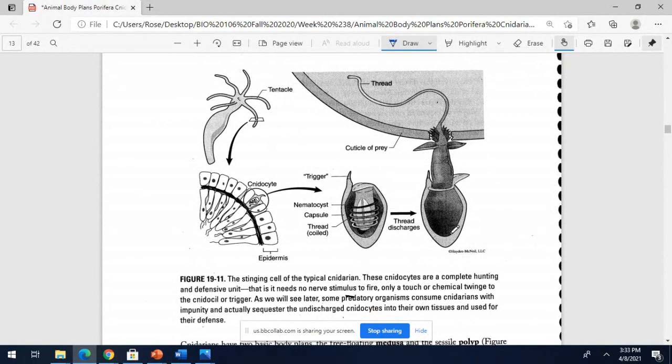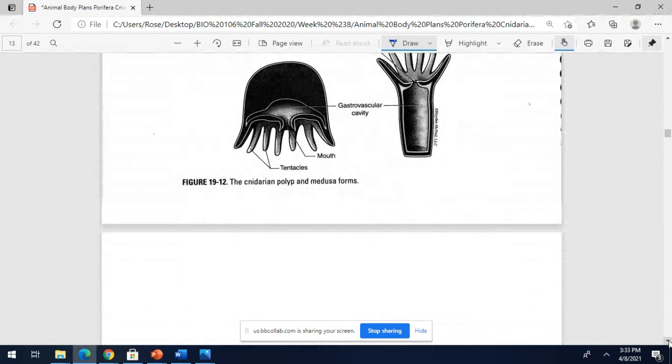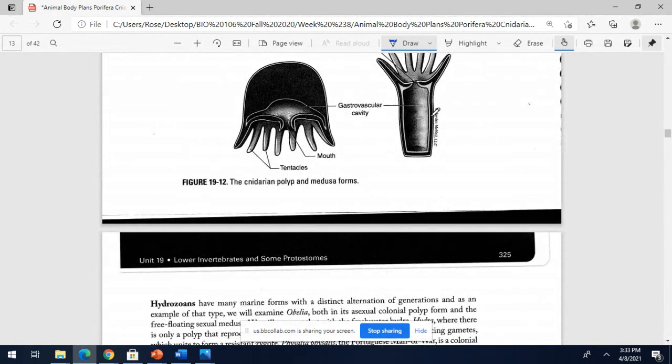So this is, as it discharges, our nematocyst, the stinging cell. So it's also called stinging cell, cnidocyte. All right, so this you could look at in more detail. And this is, I'd say, the polyp stage. This is a polyp, and this is a medusa. They have this backwards. All right, this is medusa.